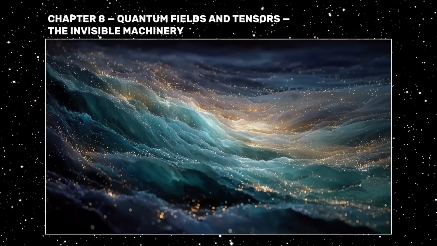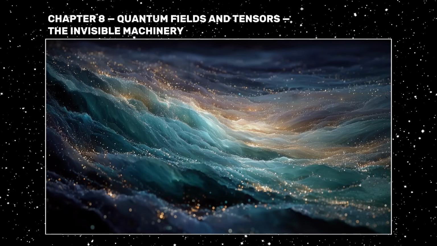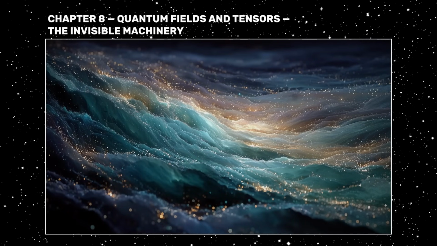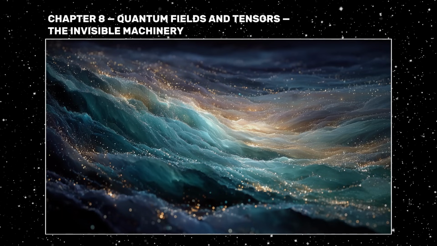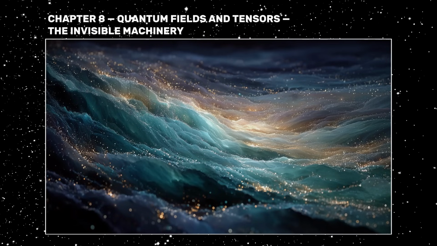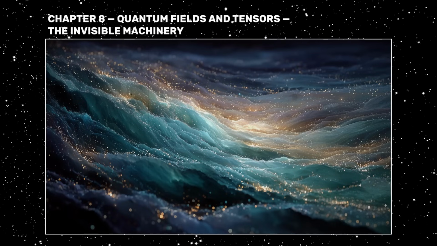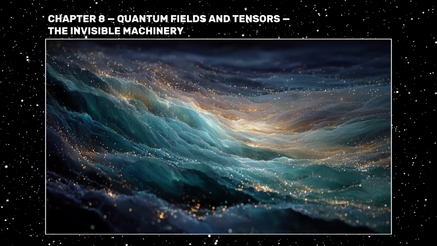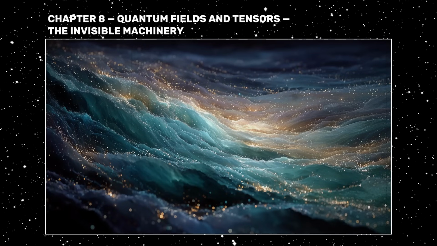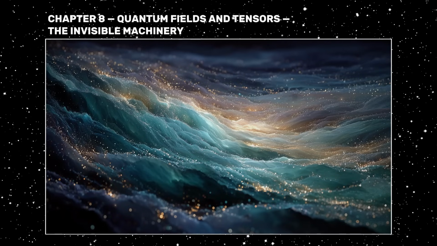Chapter 8. Quantum Fields and Tensors, the Invisible Machinery. When physicists look deeper into the universe, they find that matter and forces are not built from solid, indivisible pieces, but from something more abstract. The foundation of modern physics is not particles bouncing like billiard balls in empty space, but fields extending across all of reality.